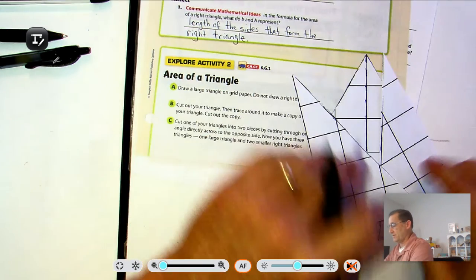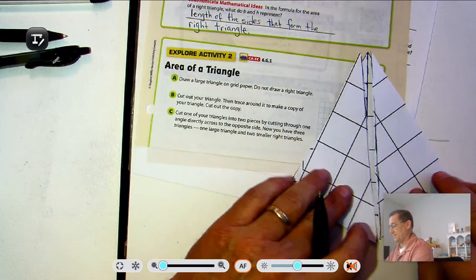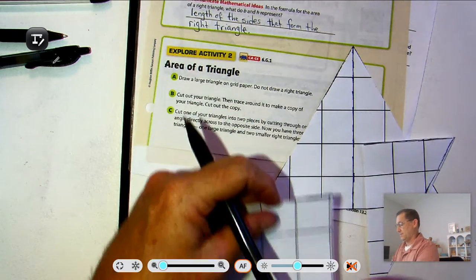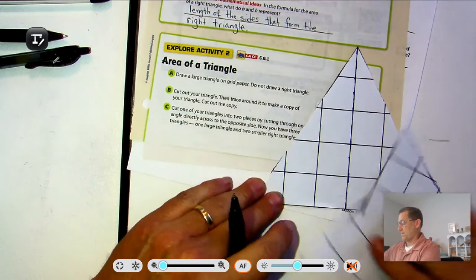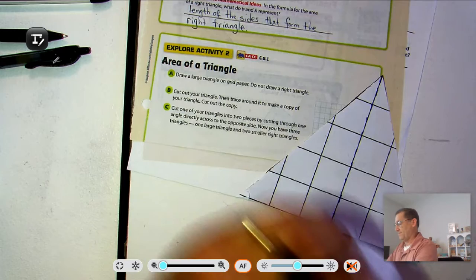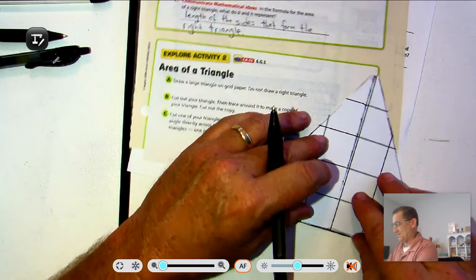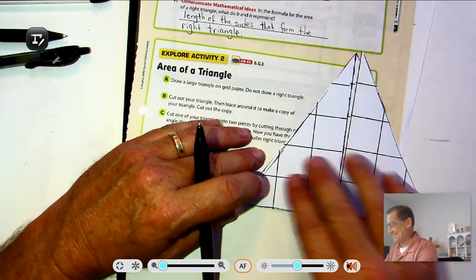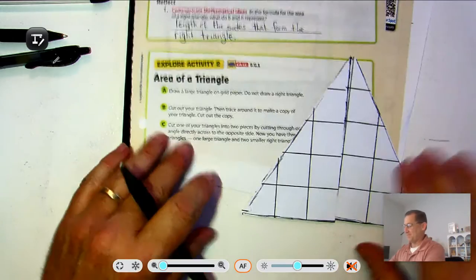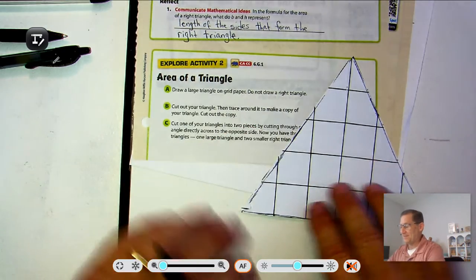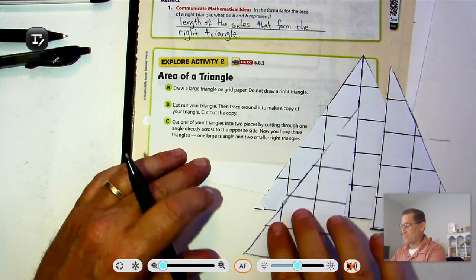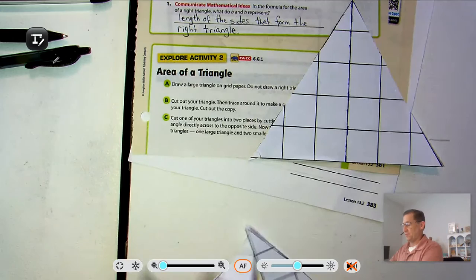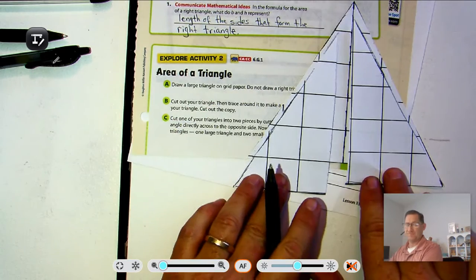Okay, so I took mine and I just cut it in half. Sorry, I have to get it oriented correctly. All right, so just cut it in half. So we have one large triangle, and we have two smaller triangles.